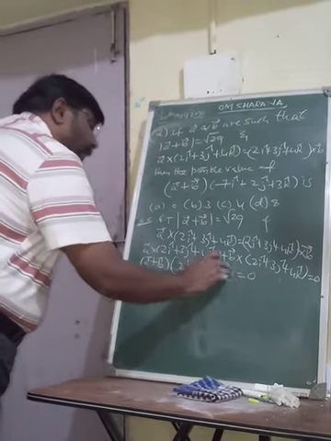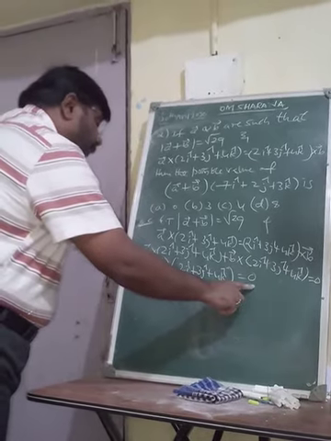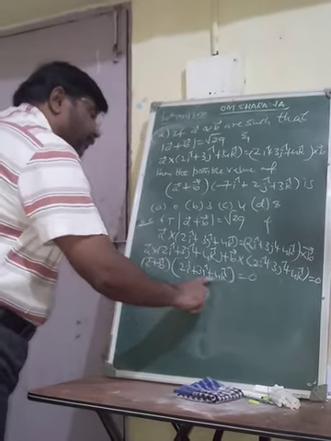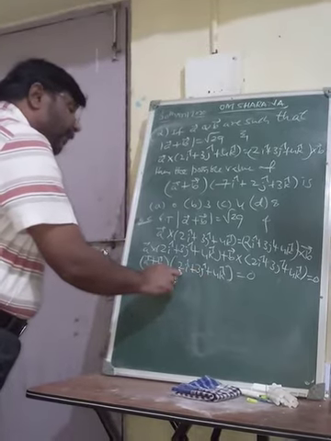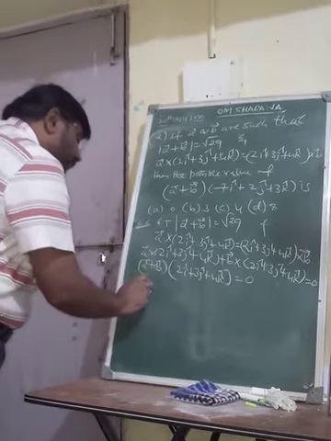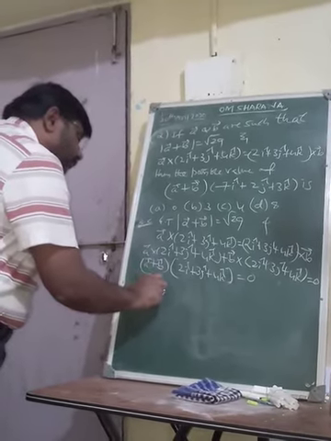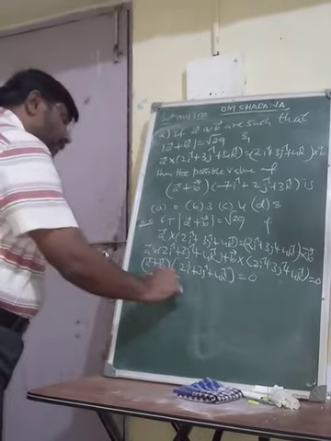Surely this factor is not 0. The product of the two things is 0 means one of the two is 0. But this is not 0 as it is a vector, its magnitude is other than 0. Therefore, A plus B must be 0.